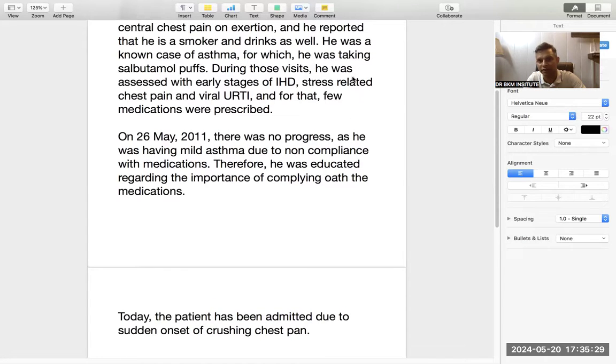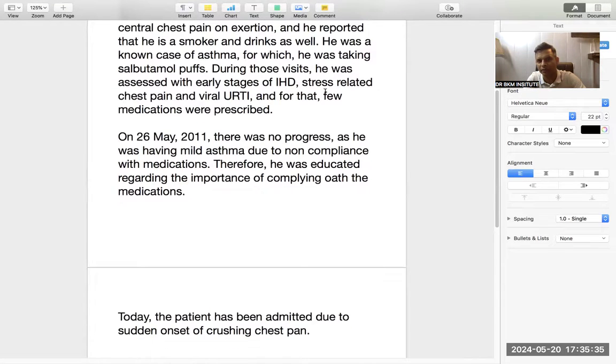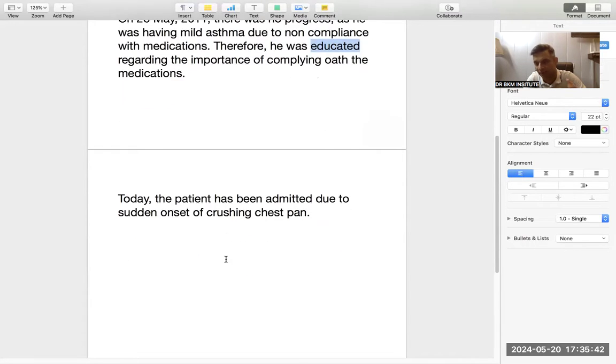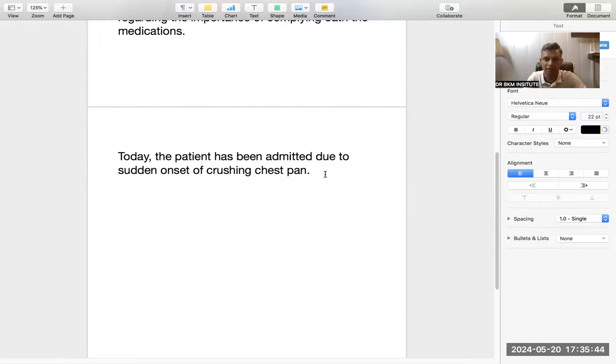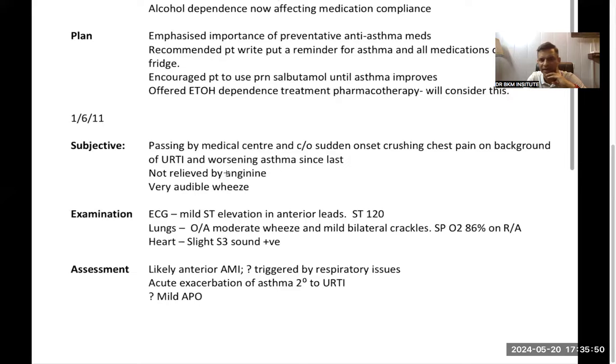In the past, you were saying he was assessed, he was diagnosed, he was plus third form. Then you were saying he was educated. Now you are saying has been. This is the change of grammar which gives you marks. Now you have told that patient is having sudden onset crushing chest pain on the background of URTI and worsening asthma.